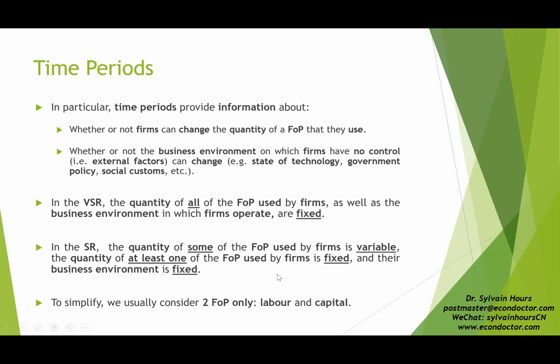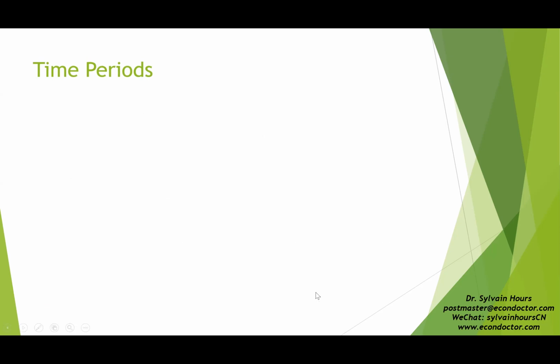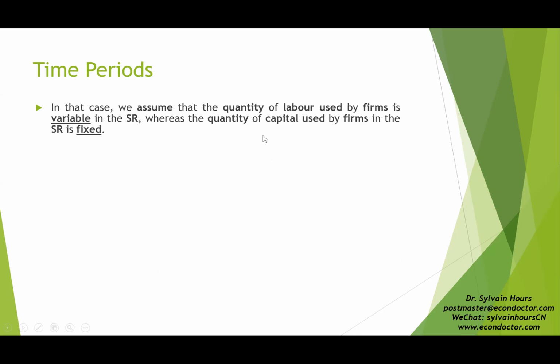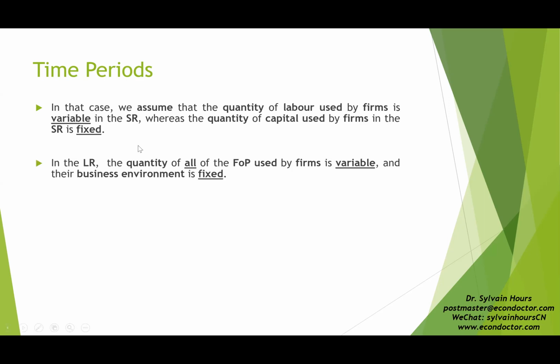To simplify, we usually only consider two factors of production, capital and labor. The typical assumption is that labor is the variable factor in the short run, so we can change the quantity of labor. However, capital is a fixed factor, so we have a certain quantity of machines or a building of a given size, and we cannot change that in the short run.